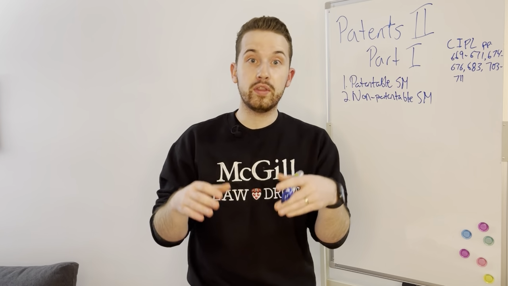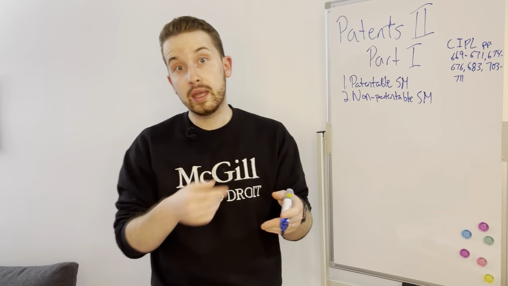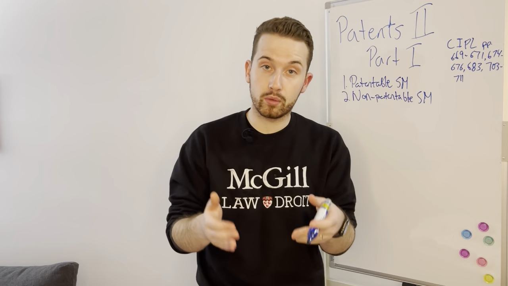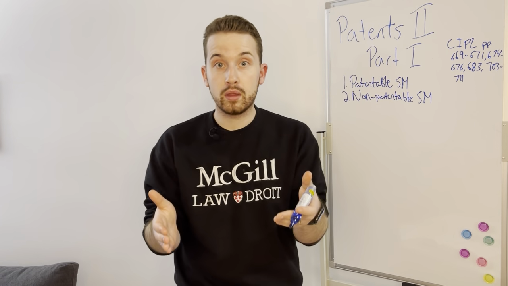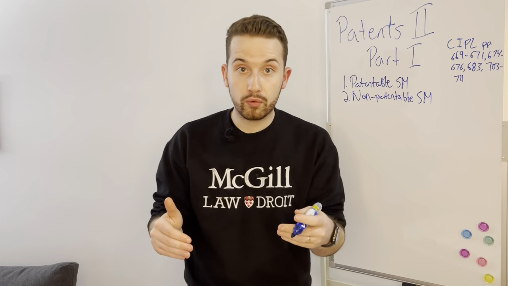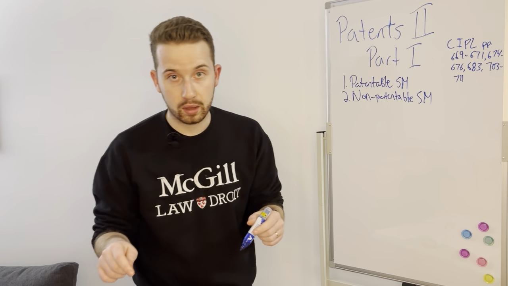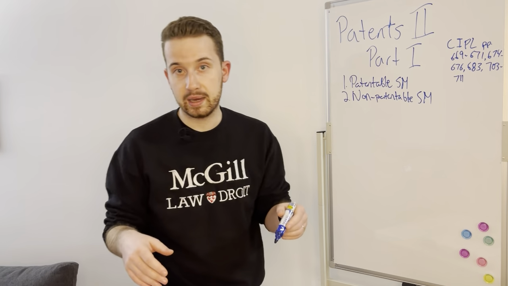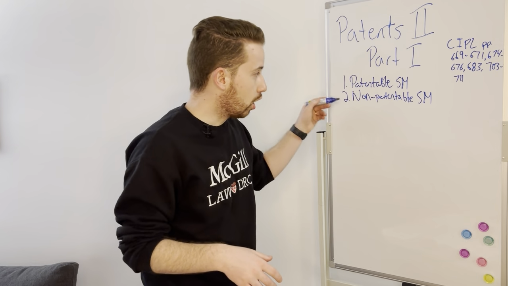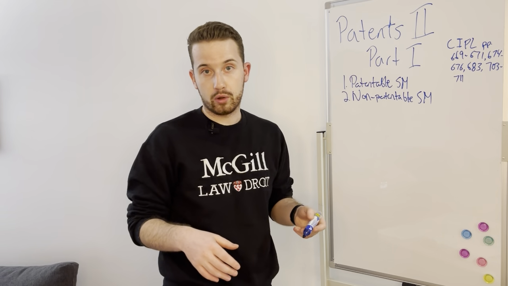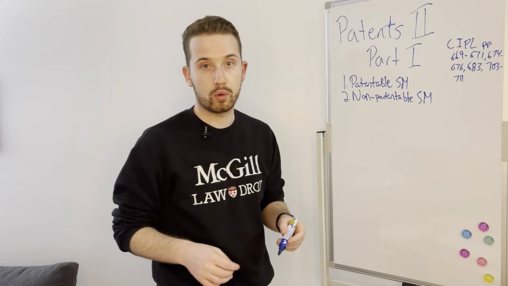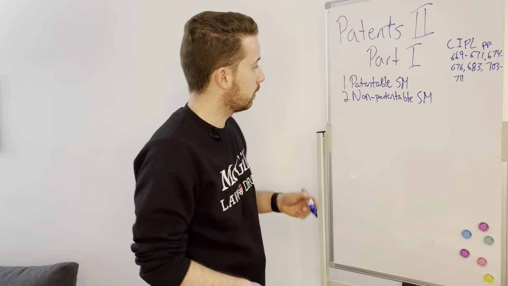So even though they might fall under one of the categories we looked at last week, and as we said, some of them are very broad, one of them is composition of matter, which as we said is very broad, basically sets of atoms, we need an exclusion for things that, even though they may fall under the various categories we looked at last week, the government doesn't want you to get a patent on. And that's what we're going to cover under non-patentable subject matter. So, exclusions to the categories we looked at last week.